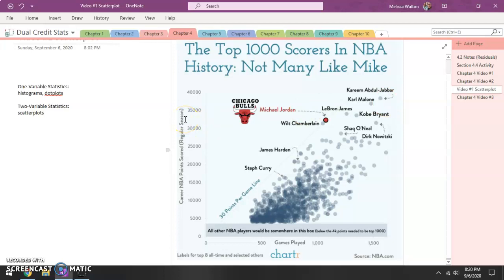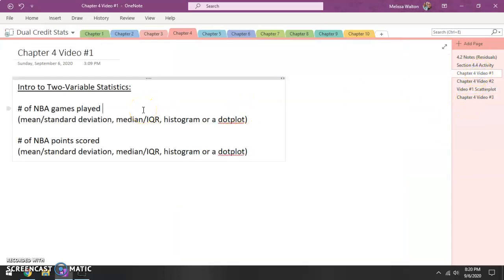All right, so a few vocab terms here. In this display, what we are doing is we are using games played to describe or predict how many points should be scored. And depending on whether we are talking about sciences or the social sciences, we have a few different names for these. So first way that you could describe this would be the explanatory variable.